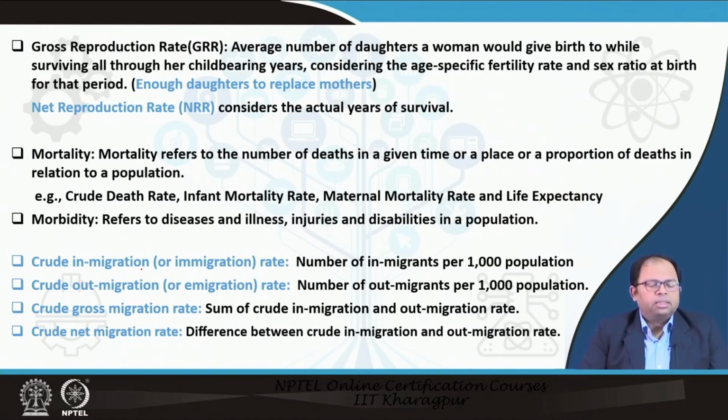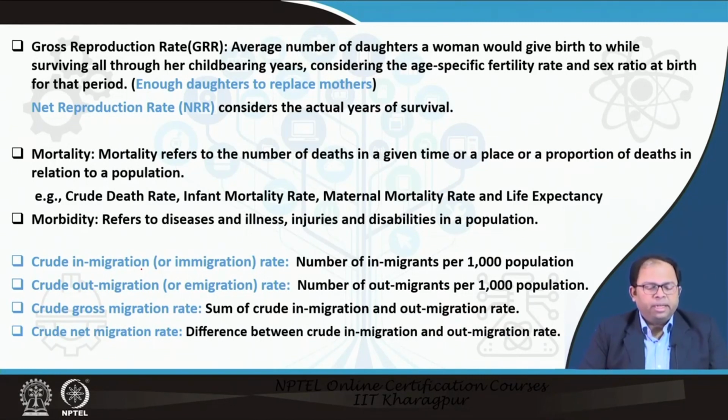Then sometimes we can also estimate morbidity, which is important in studies where we try to determine the number of days a person loses work because of falling sick and so on. This refers to the diseases, illnesses, injuries and other disabilities in a population, so we can understand the likelihood that a population will be sick for a certain amount of time.